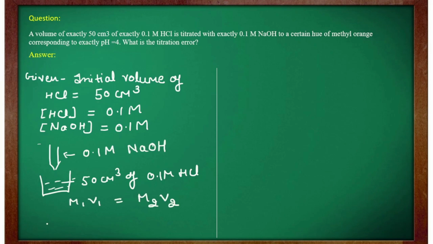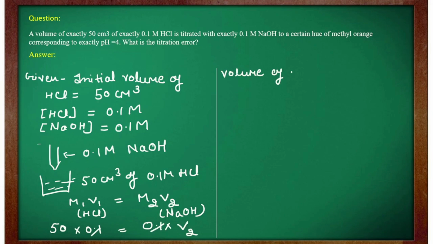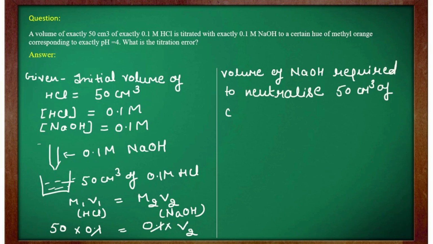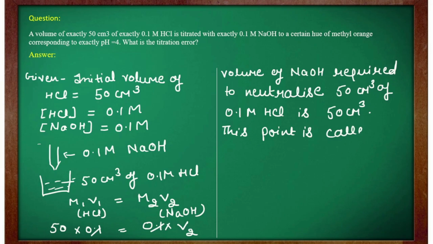After solving, we get volume of sodium hydroxide required to neutralize 50 cm³ of 0.1 molar hydrogen chloride is 50 cm³. This point is called the equivalence point. But at the end point, after the equivalence point, we have to add an extra drop of base to change the color of indicator. So there is a small error in titration which is called titration error.